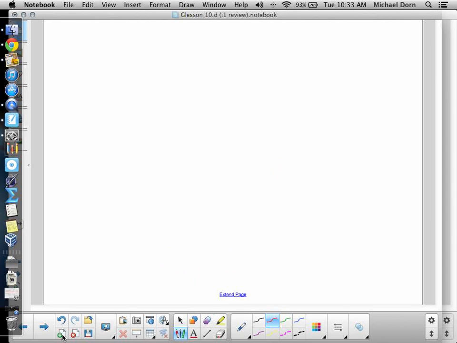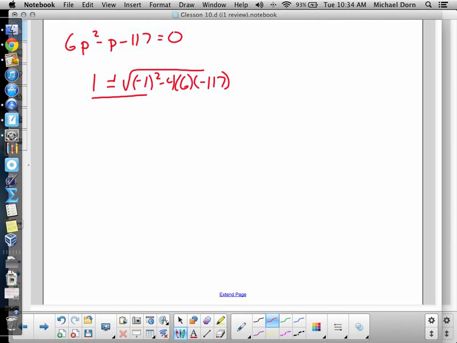But say something like, I don't know, number 4, 6p squared minus p minus 117 equals 0. So again, negative b, which would be 1, plus or minus the square root of negative 1 squared minus 4 times 6 times negative 117 over 2 times 6.